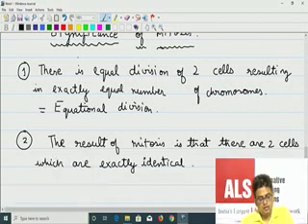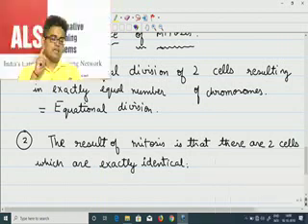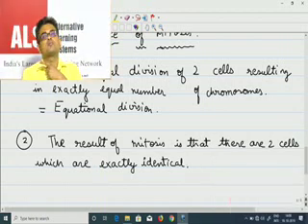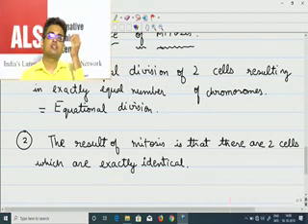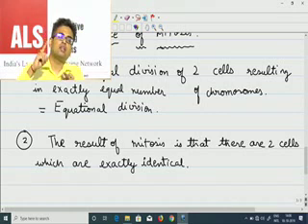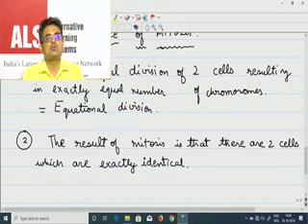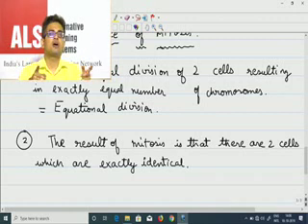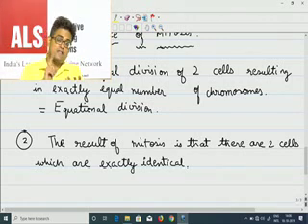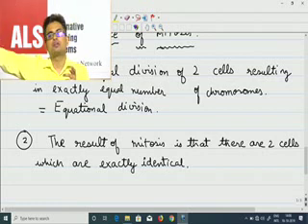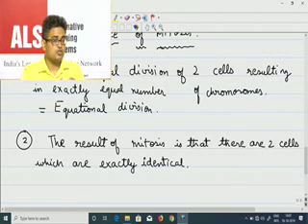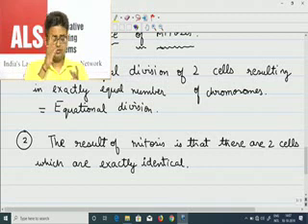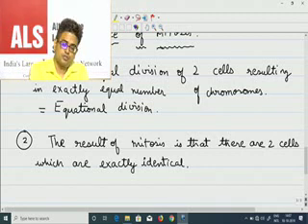In asexual reproduction, in vegetative propagation, and whenever you are forming a clone of any kind of organism, mitosis is the only process involved. When we want to make an exact copy of the parent organism, I am always going to use the mitosis process.